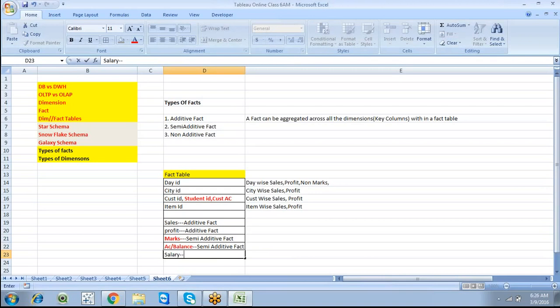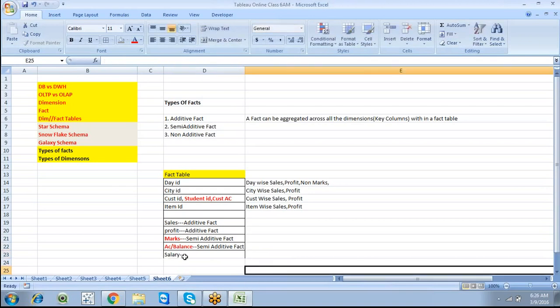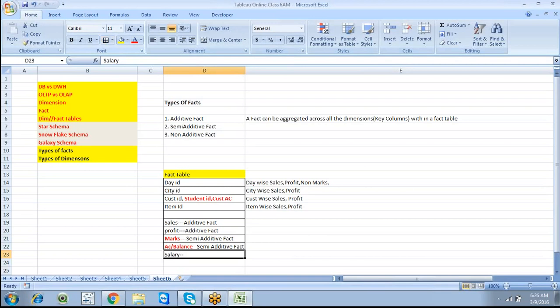Now you can see, we can go for every individual day wise salary, but it is not preferable. Similar to account balance, salary is also not preferable, we don't get any meaningful data for day ID from the perspective of end users.